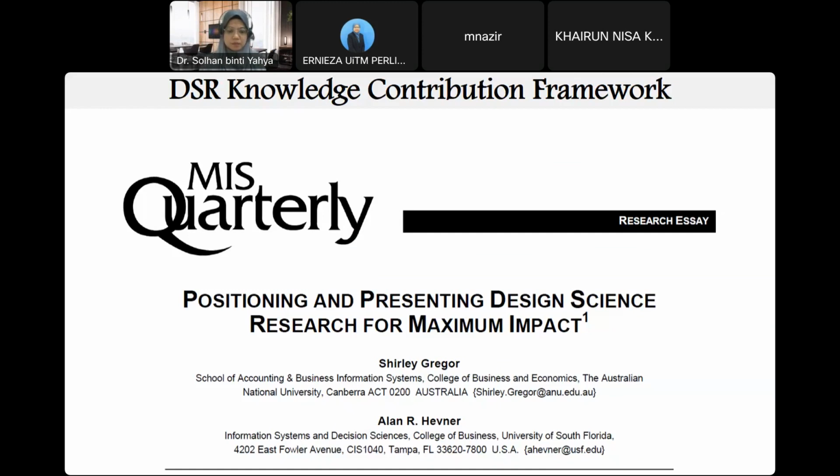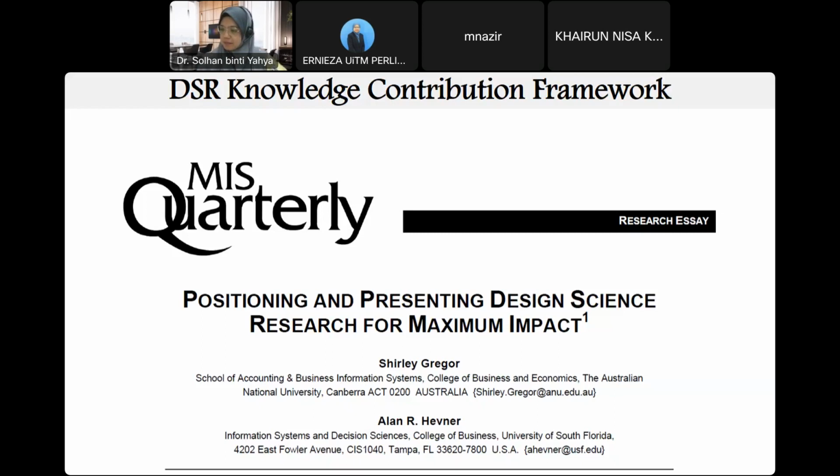Because in academia, we want to see the knowledge contribution, then we can award you a master's or PhD. So because of that, this guru, Professor Shirley Gregor, for example, came up with the article to help researchers, or any researcher that wants to adopt design science, to position and highlight the knowledge contribution. And they came up with a very beautiful and fruitful framework to help researchers position the knowledge contribution.